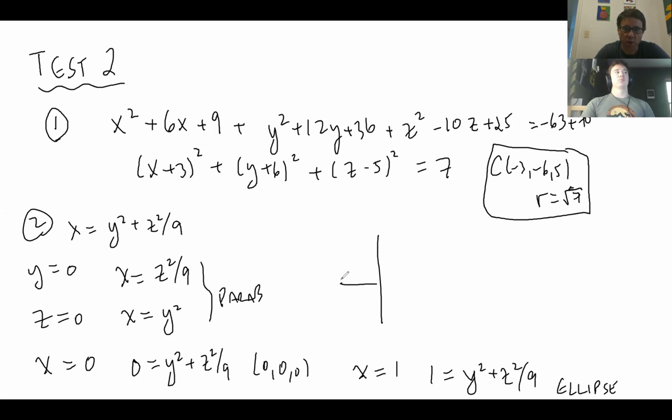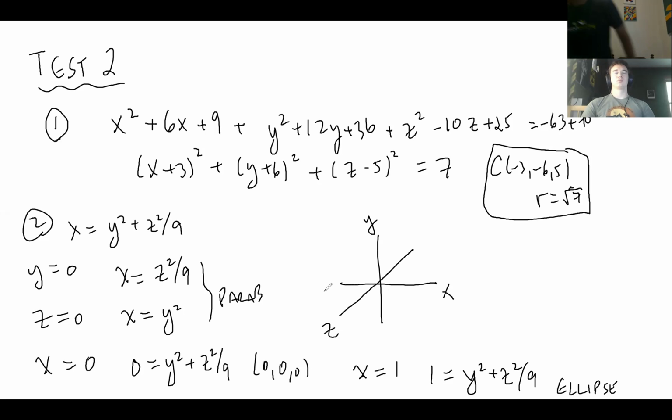So if you try to put all those together, well, it depends on which axis you want to be up. If you did x, y, z this way, then hang on just a second. Then let's see.